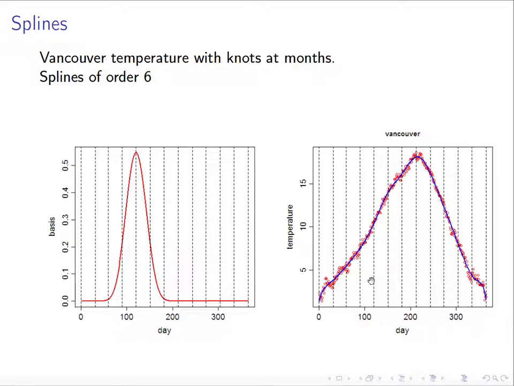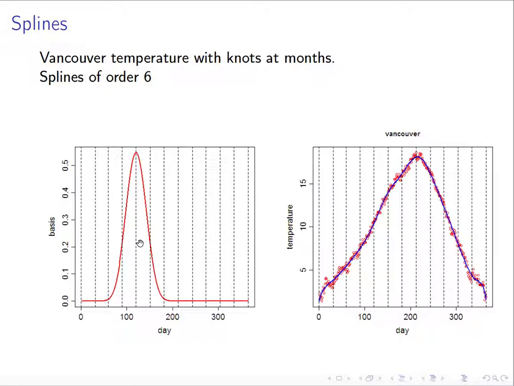So this is a nice thing about B-splines. We find in practice that for B-splines, the most important thing is the knots. B-splines are defined by the order and also the location of the knots, and in practice we find that the location of the knots plays a more important role in the fit. The order of the B-splines doesn't change the fit too much.